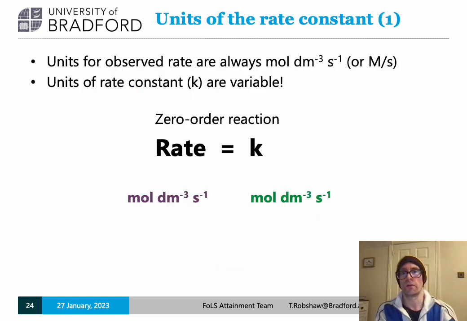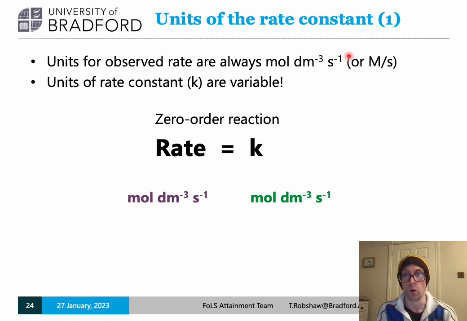Moving on, one of the things that I found most difficult to get my head around when I was trying to learn this topic as an undergraduate is the fact that the units for the rate constant change depending on the overall order of the reaction. The reason for this is because the units for observed rate are always moles per decimeter cubed per time unit, or molar per time unit.